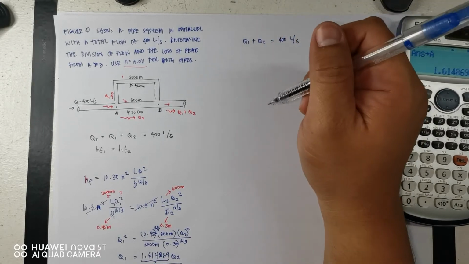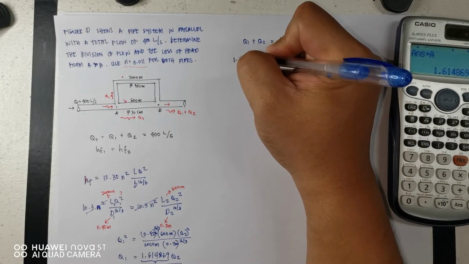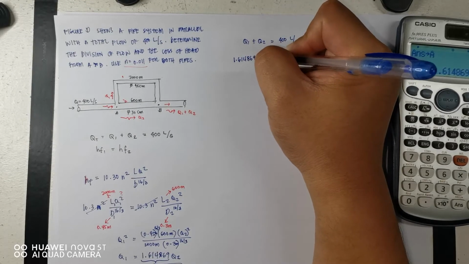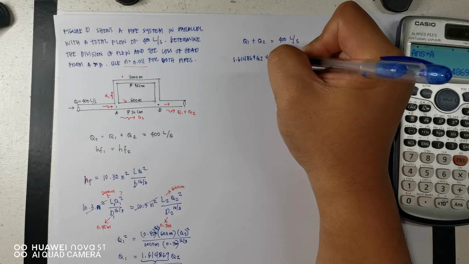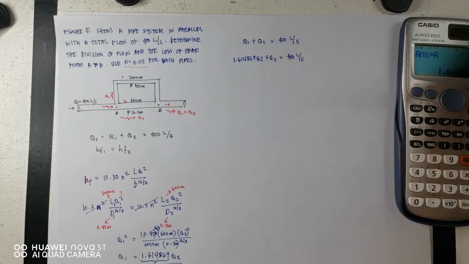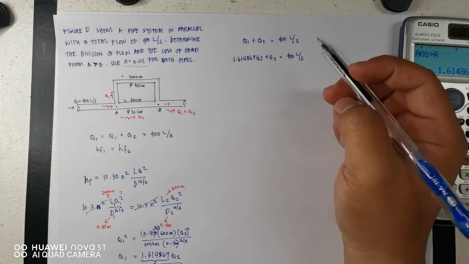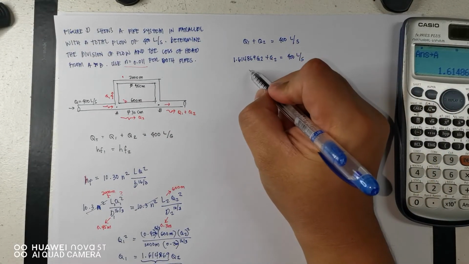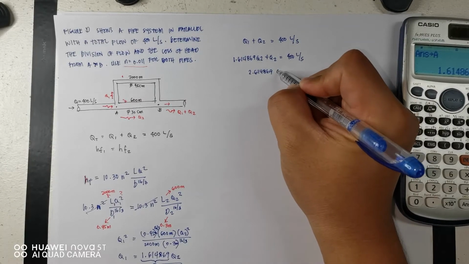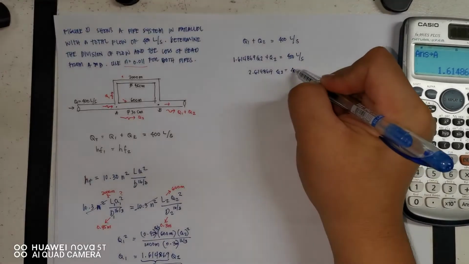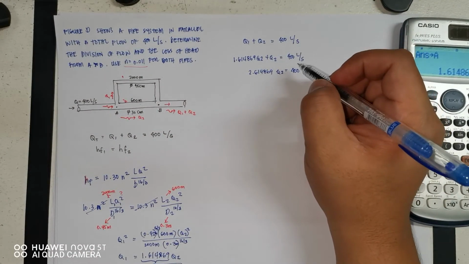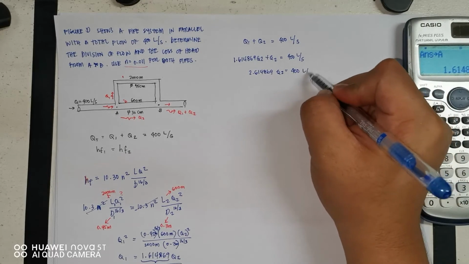Ang value ni Q1 is 1.614869 Q2, plus Q2 is equal to 400 liters per second. So pag pinagsama natin yan, that will be 2.614869 Q2 equal to 400 liters per second.